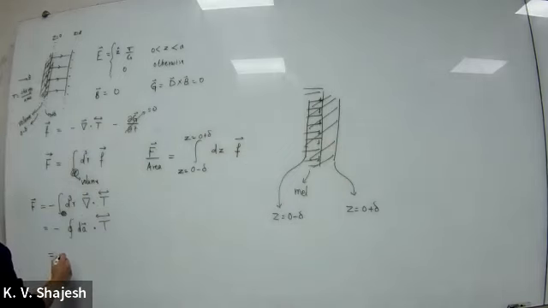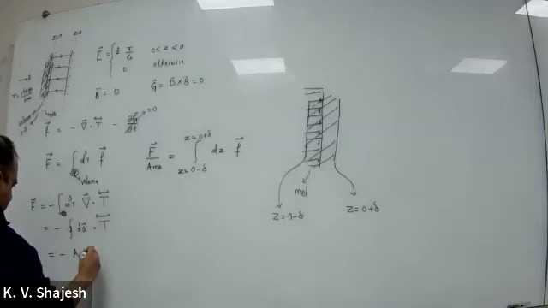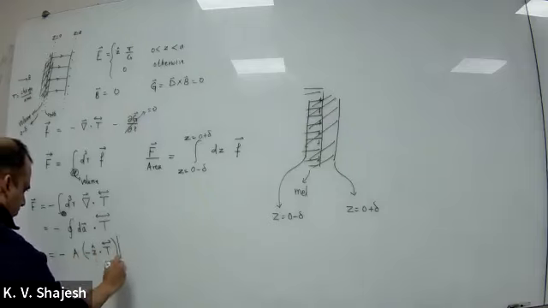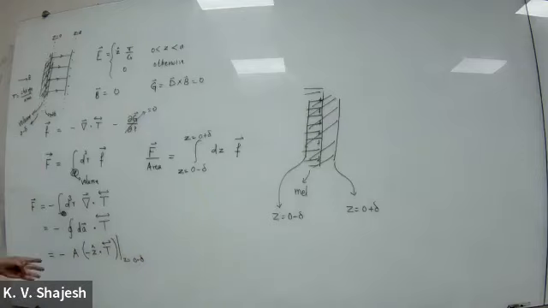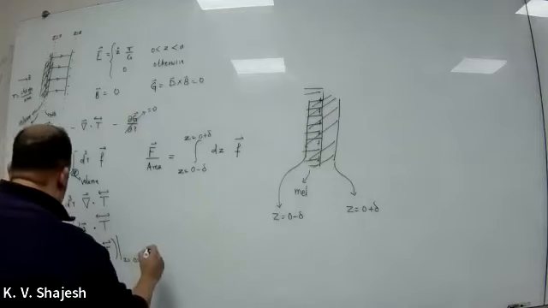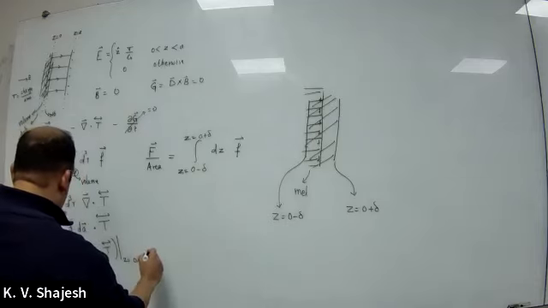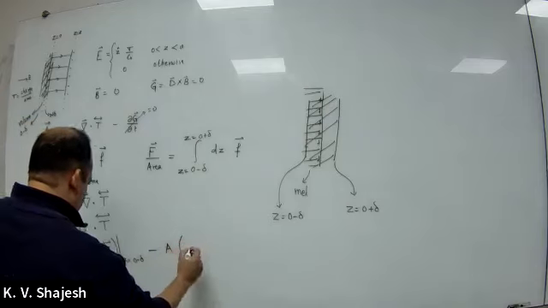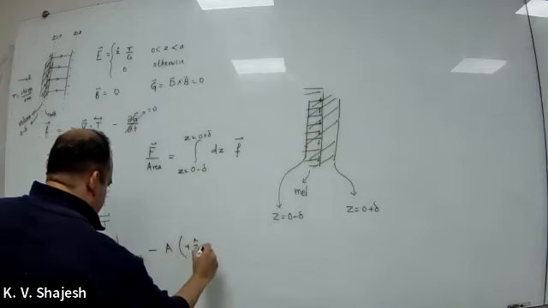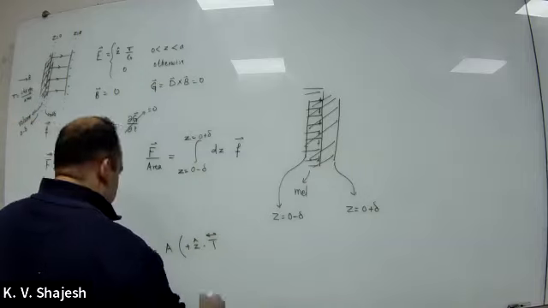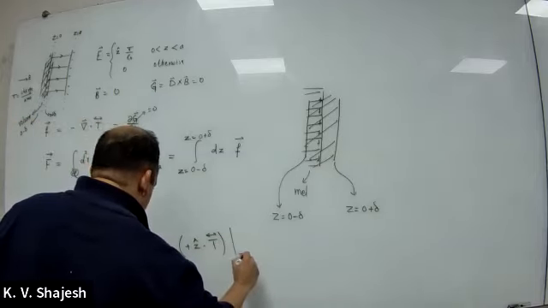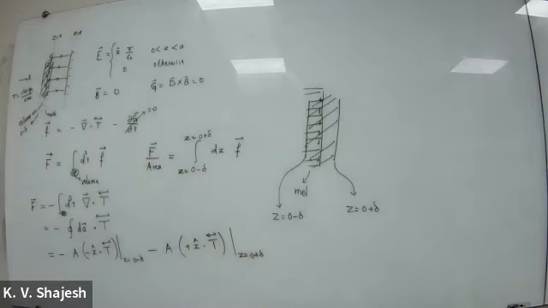So this is equal to minus A. When I'm on the left, it is minus Z hat dotted with T, evaluated at Z equal to 0 minus delta, because it's evaluated on a surface. Plus, area times plus Z hat dotted with T, evaluated at z equal to 0 plus delta. Is that clear? Did I confuse?